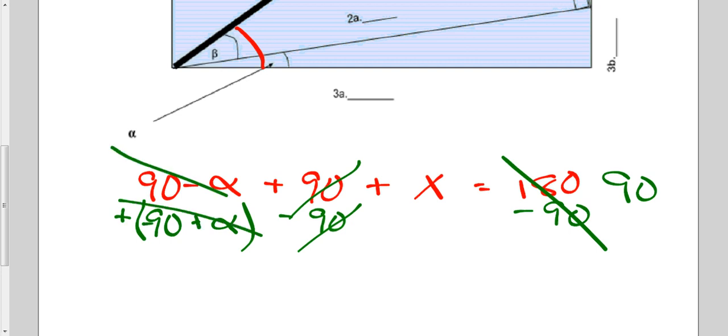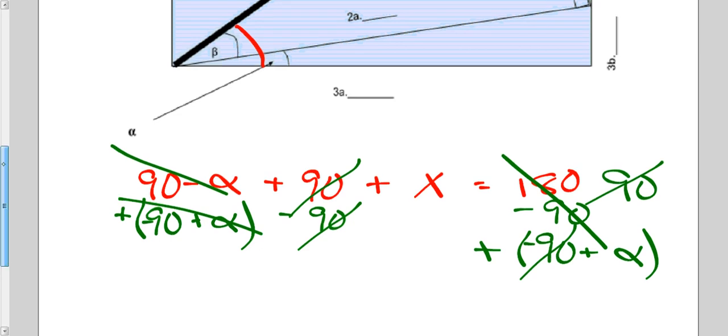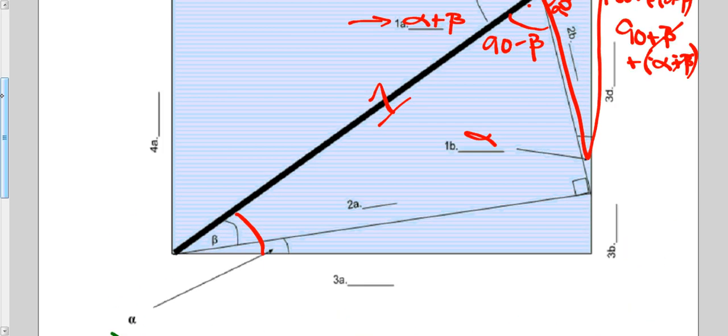These go away. Boom, boom, boom. These go away, and I'm left with alpha. So this angle is alpha. So Morgan was right. That's alpha. That is alpha.